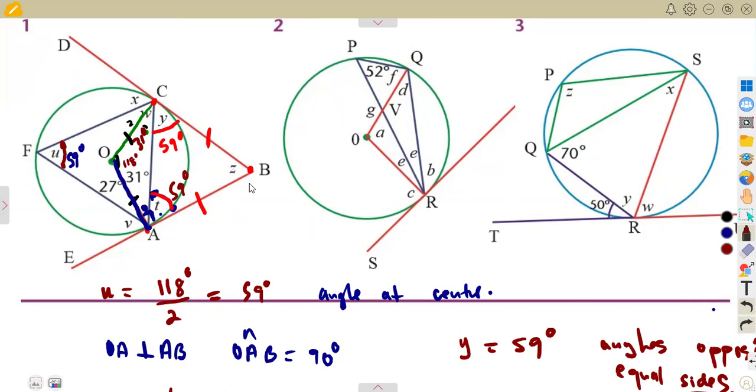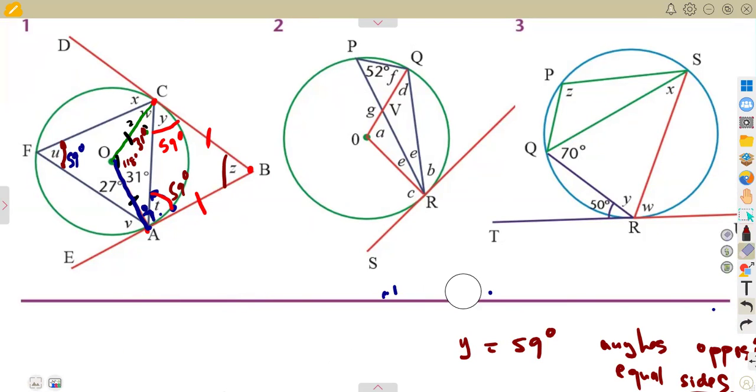We can also calculate the angle at Z. There are so many ways to calculate the angle at Z. Calculating angle Z, you can use the angles in a triangle. So you can consider angles in a triangle to calculate the angle Z. That is, angle Z is going to be 180 degrees minus the two angles inside of the triangle, the 59 and the 59 degrees.